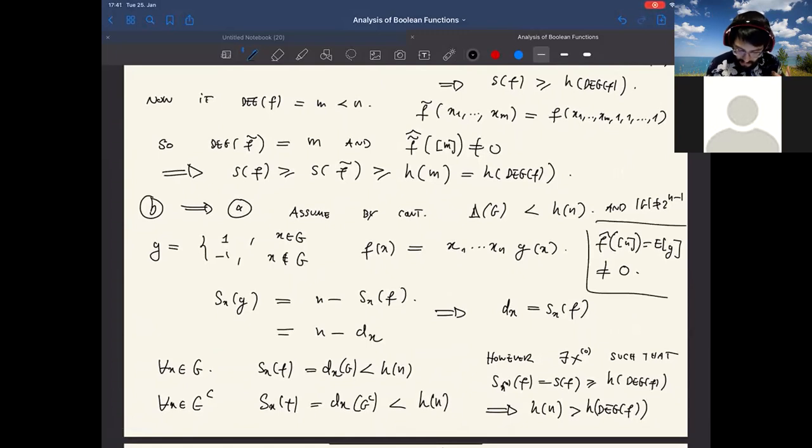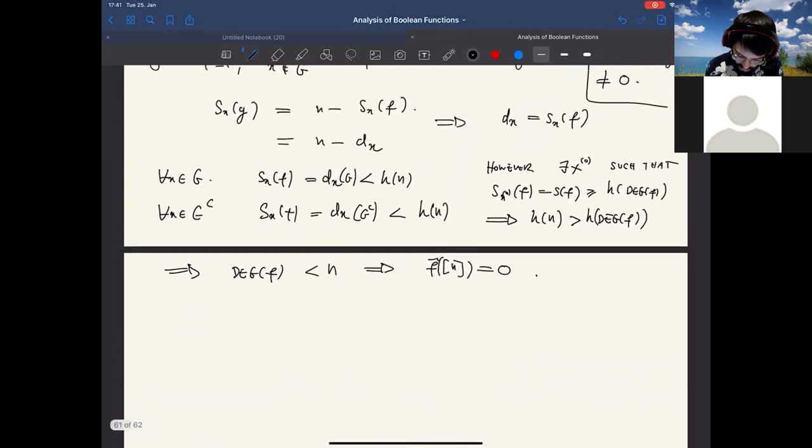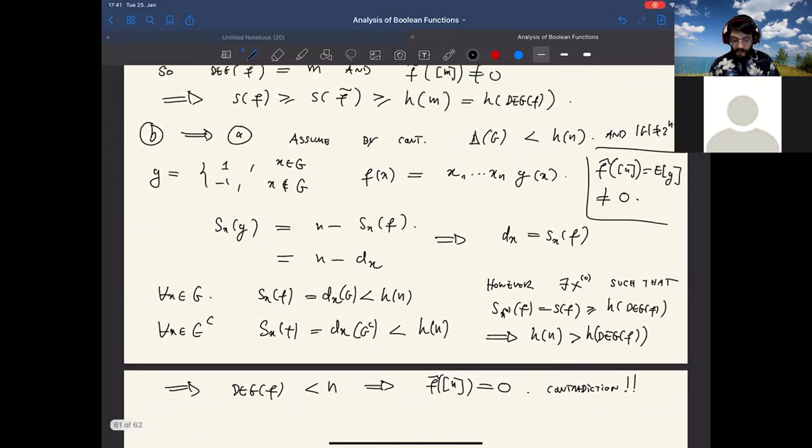Okay, so it's basically the previous proof backwards. This is absurd, the contradiction. Okay, so again, this finishes the proof.